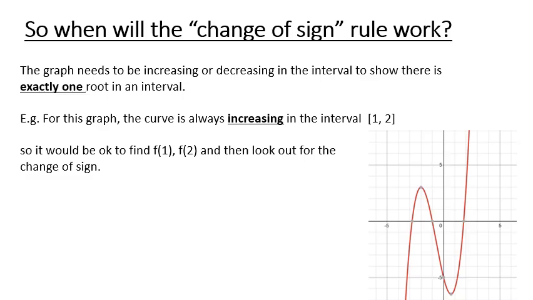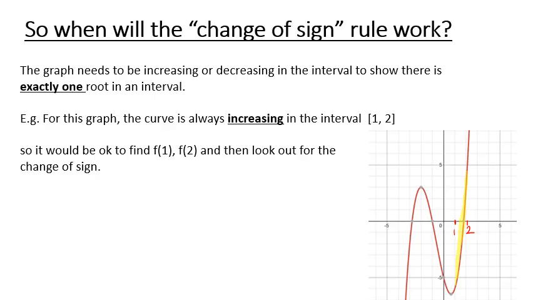The graph needs to be increasing or decreasing in the interval to show that there is exactly one root between 2 points. So for example, if we look at this cubic graph and we just look between 1 and 2, so 1 there and 2 there, between 1 and 2 we can see that the graph is constantly increasing.